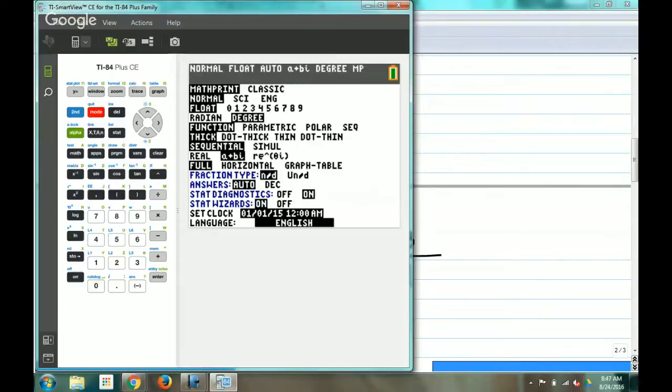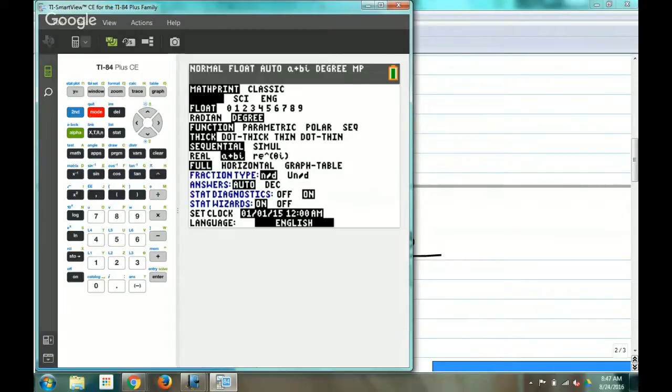If you've got an older version, you don't have this option. That's why the 84 is better. Stat Wizards and Stat Diagnostics turned on, that way yours will look like what mine looks like.